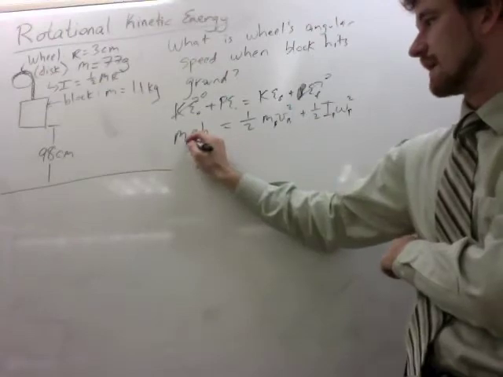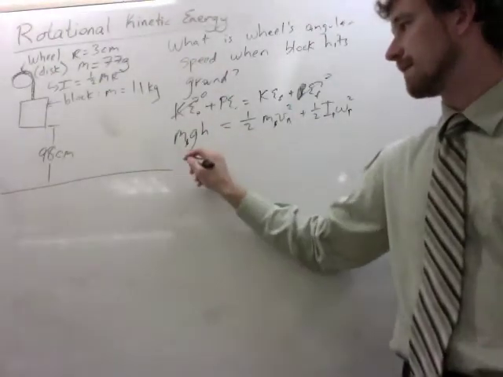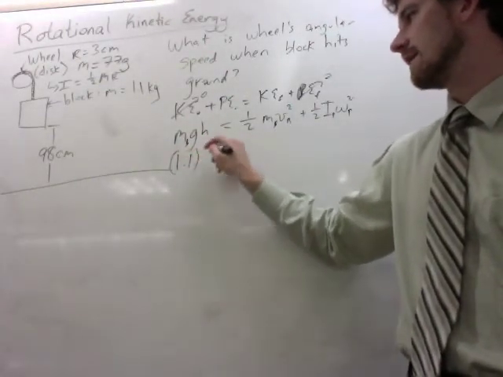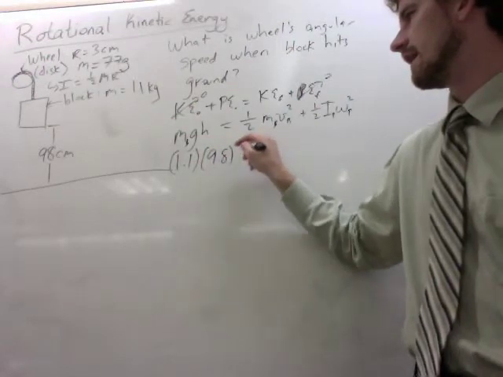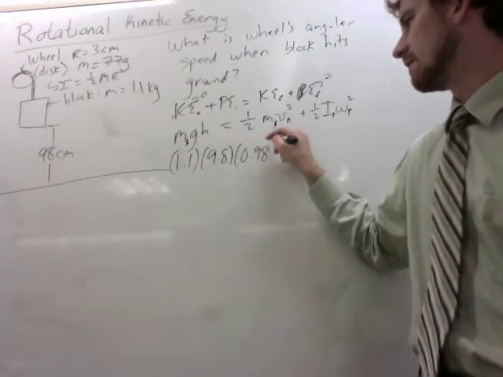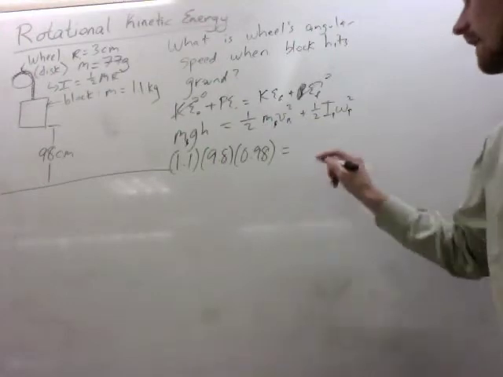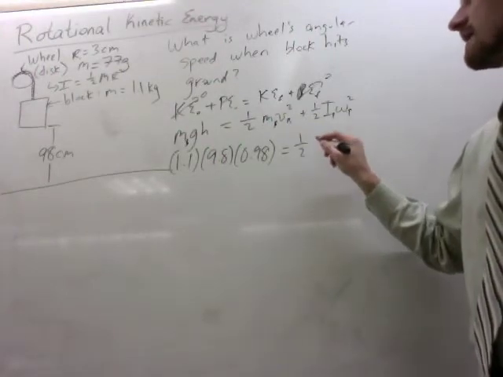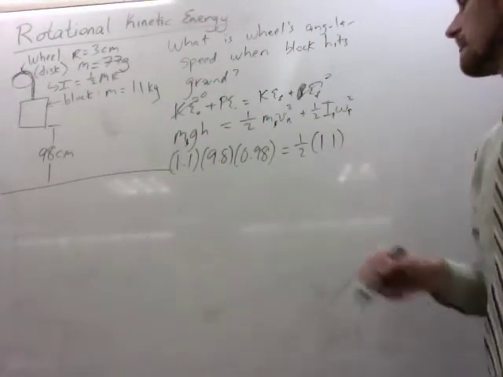This is the mass of the block as well, and we can start plugging stuff in. Mass of the block, still 1.1, g, 9.8, height, 0.98, half is a half, mass of the block, 1.1.